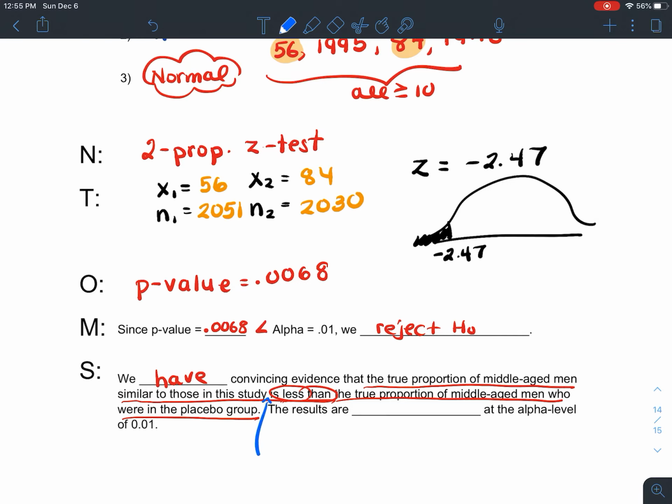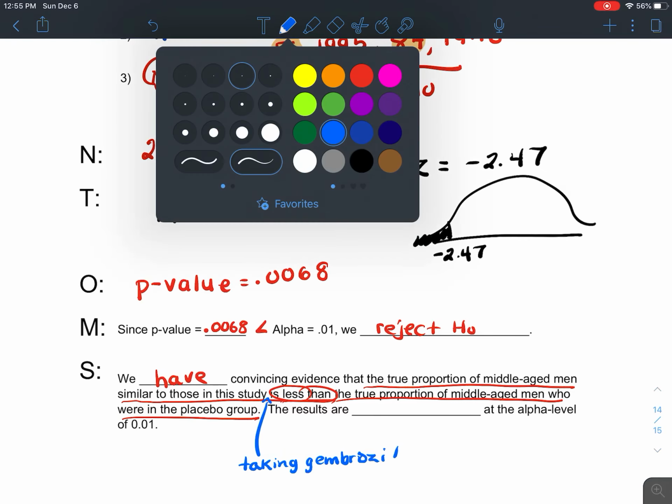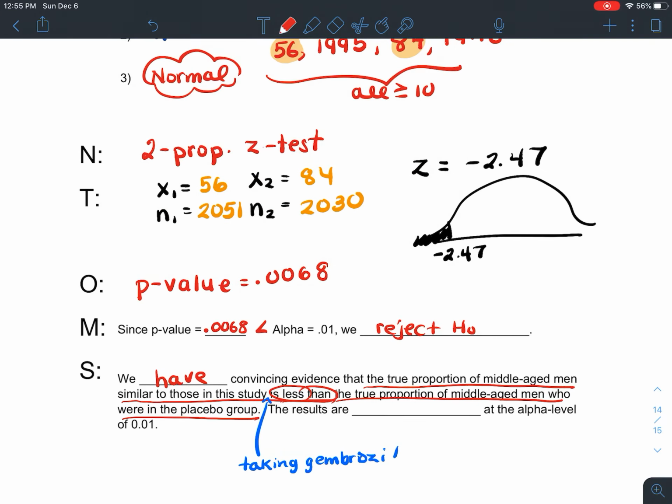I think that this should say the true proportion of middle-aged men similar to this study taking gemfibrozil is less than the true proportion of middle-aged men who were in the placebo group. Okay, so since we rejected the null hypothesis, we are going to say that these results are statistically significant at the alpha level of 0.01.